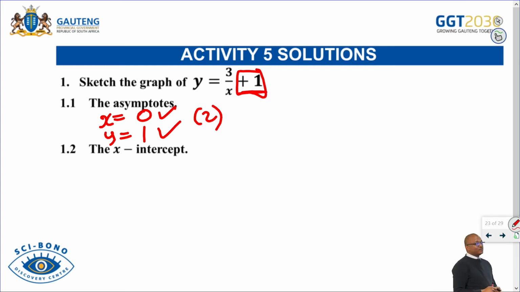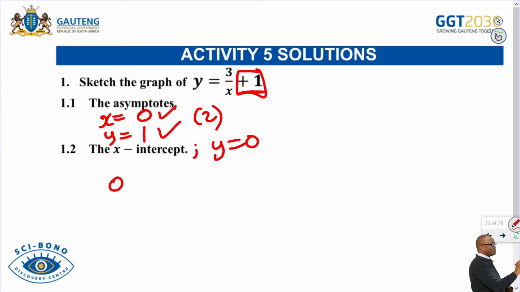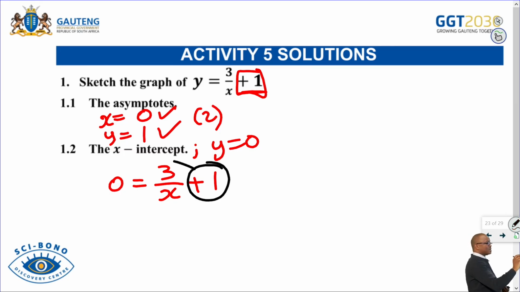Then now, determining the x-intercept, we know that our y is equal to 0, so 0 is equal to 3 all over x plus 1. We will transpose this positive 1 to the left-hand side. We have negative 1. It's equal to 3 over x.